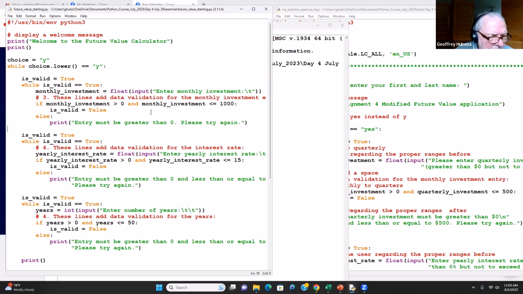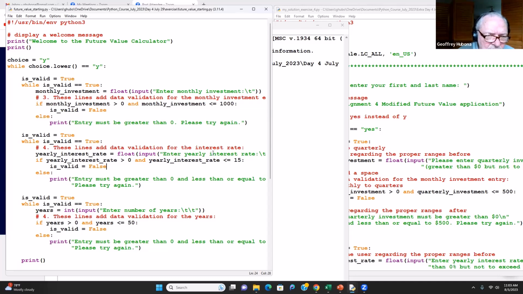That's part of ease of use, if it tells you what to do. So monthly investment needed to be between 0 and 1,000, but the only thing it would do is print out this kind of cryptic message: entry must be greater than 0.